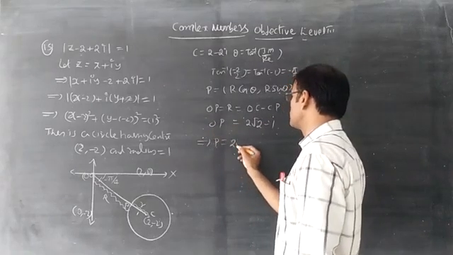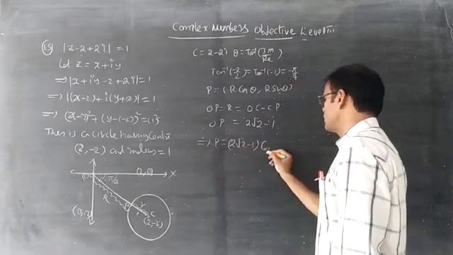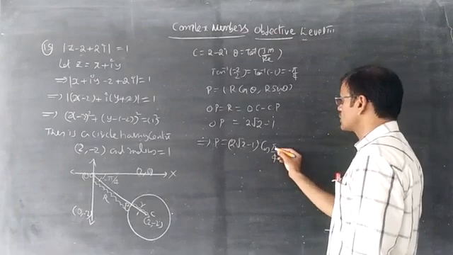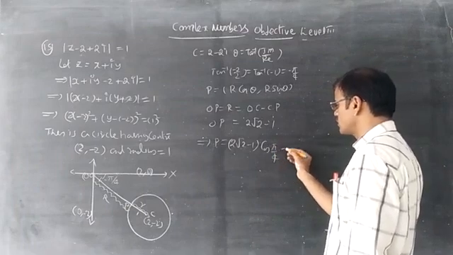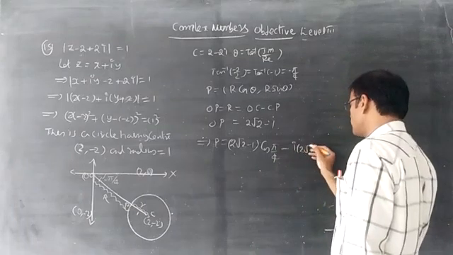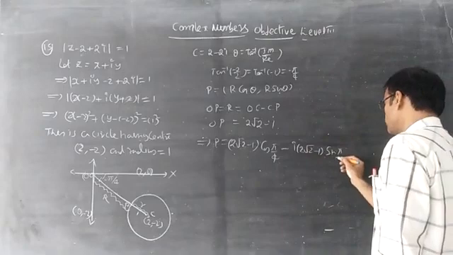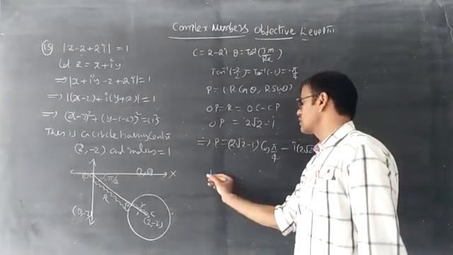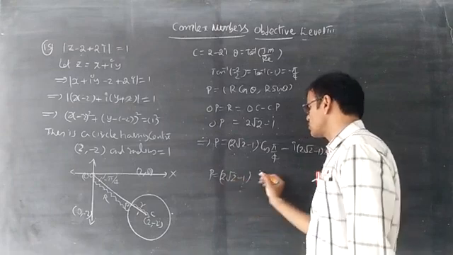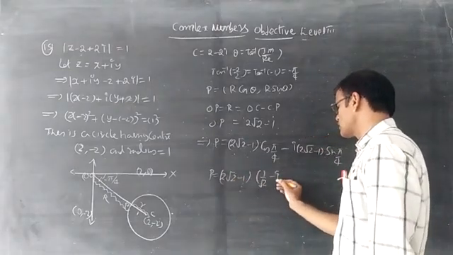Now apply here: P is equal to 2 root 2 minus 1 into cos of minus pi by 4, that is cos pi by 4, minus i into 2 root 2 minus 1 into sin pi by 4. Take common 2 root 2 minus 1 into 1 by root 2 minus i by root 2.